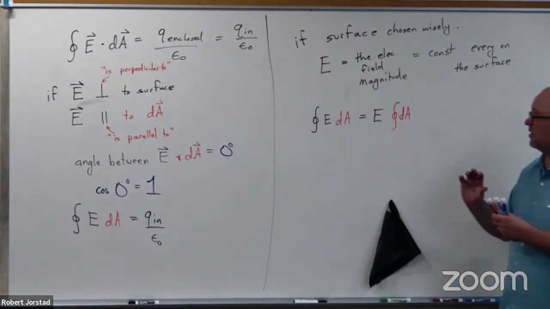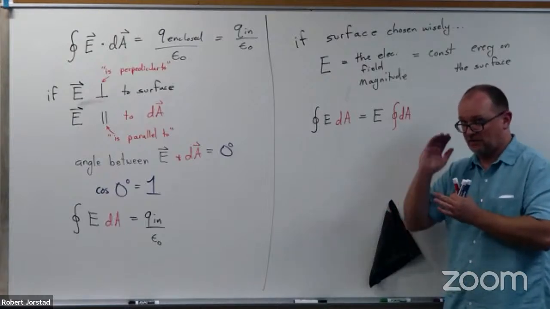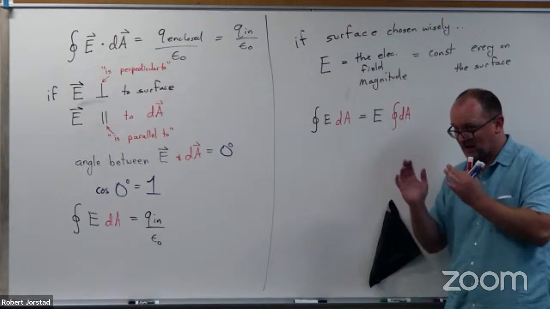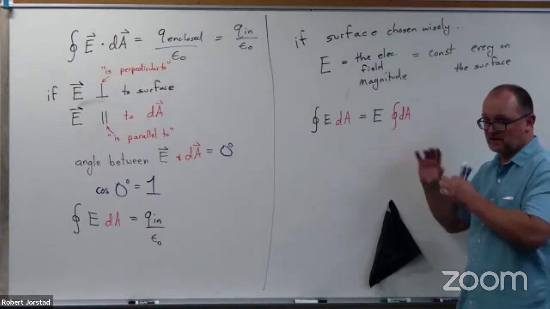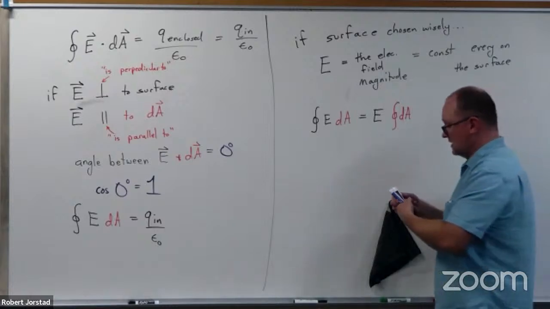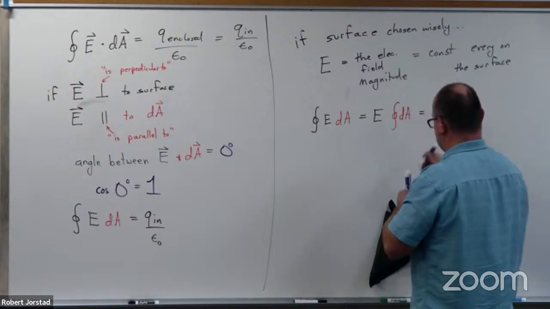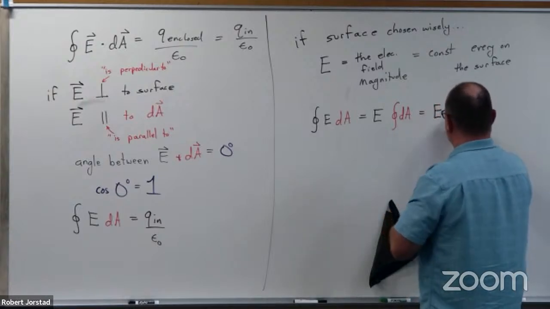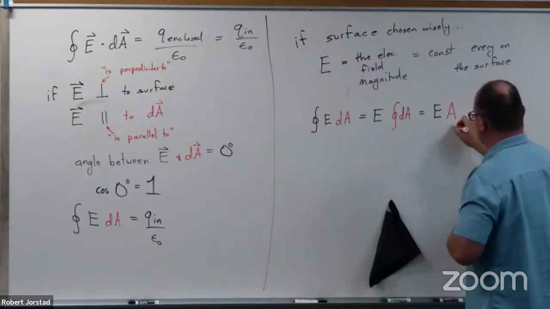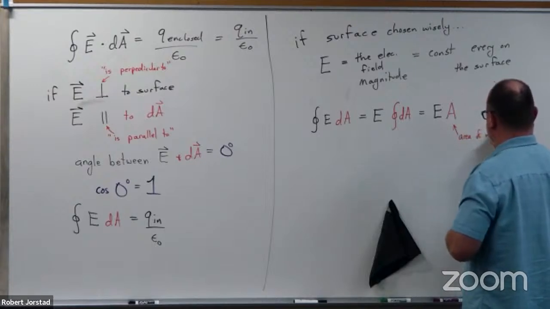That means integrate over all of the surface. So if it was a box, you did it over the top, the bottom, the left, the right, the front, the back. But if it was a sphere, that just means integrate over the entire surface. So essentially that becomes EA, where this is the area of my surface.